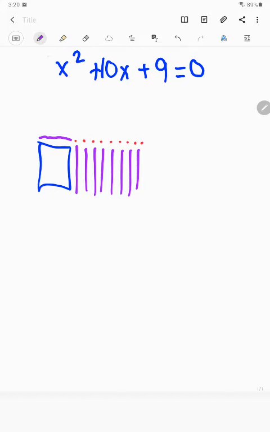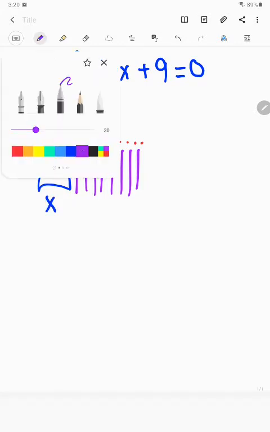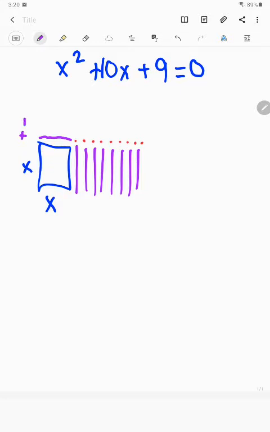Alright, so this would be x plus 1 times x plus 9. Alright, so that's if we were going to factor form.